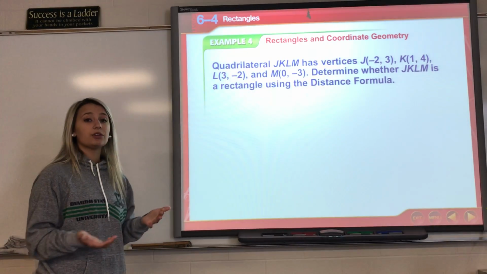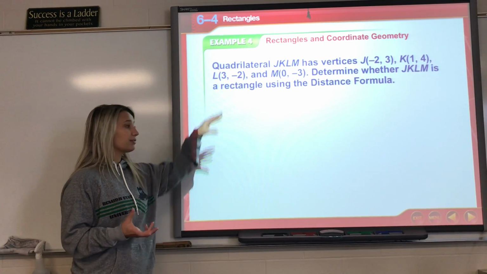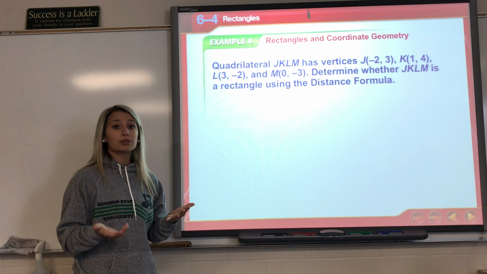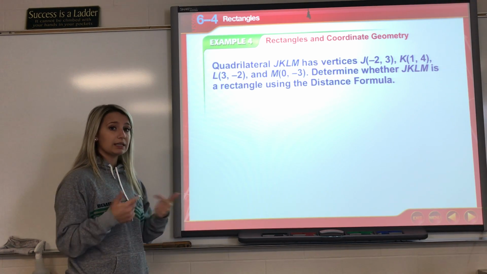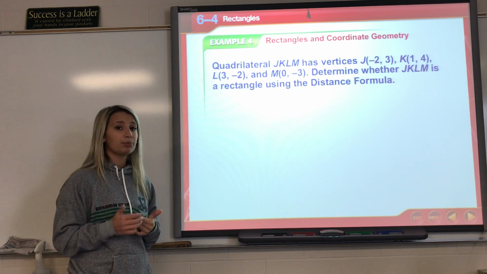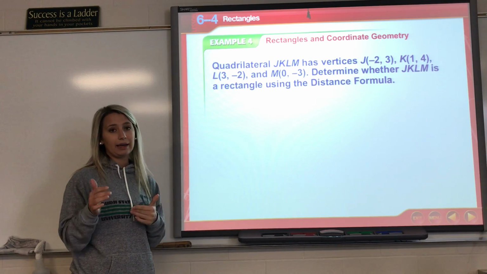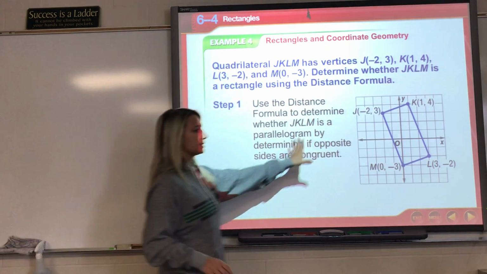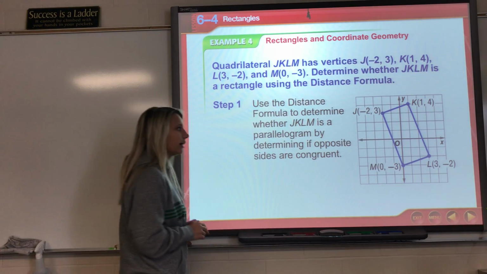So first we have to prove that this figure that they're giving the vertices of is a parallelogram. So to do that, we're going to find the distance between all these points to find the side lengths. Okay? So here's the sketch of our diagram.